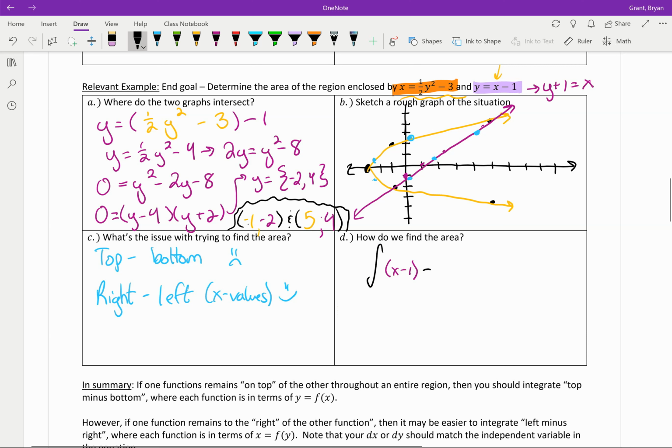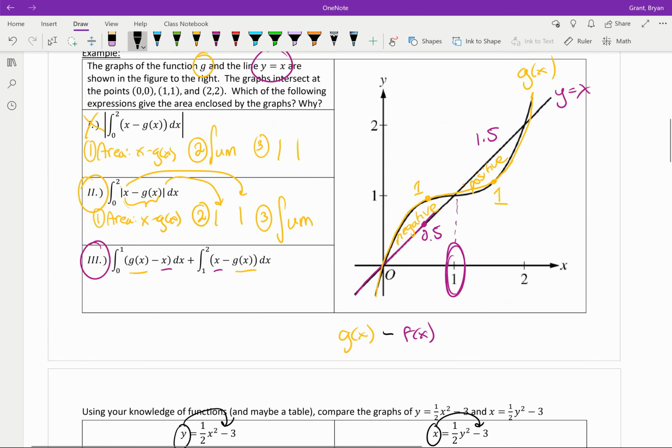And then my left function is this 1/2 y squared minus 3, and then we usually end with a dx or something. But now we have something not good going on, and that's that we have two different variables here. But let's just use some deductive reasoning here.